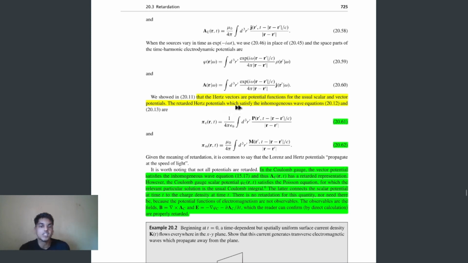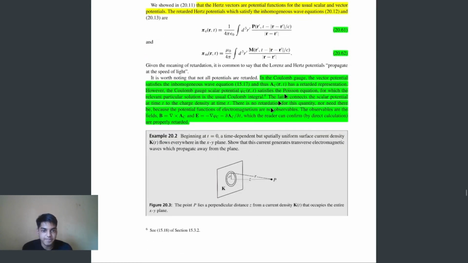The retarded Hertz potential satisfies the inhomogeneous wave equations, and they came to the conclusion that the potential for the electric field is 1 by 4 pi epsilon naught volume integral of dipole r dash, t minus r by c upon mod r, and the magnetic field as mu naught by 4 pi volume integral of m r dash, t minus r by c, upon mod r.